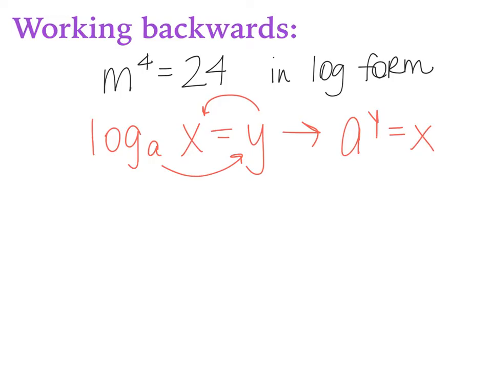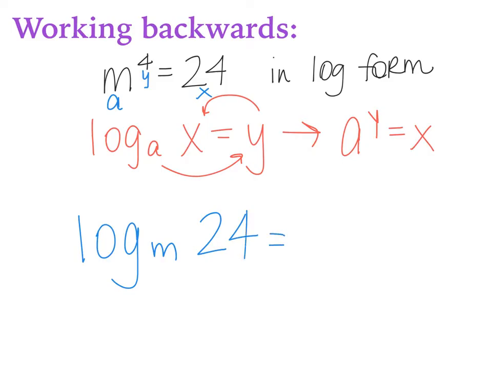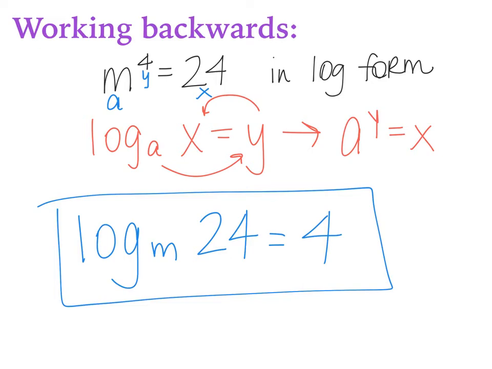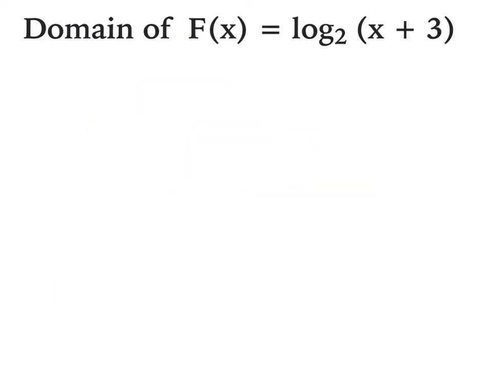This m would become my a, this 4 would become y, and 24 would become my x. So if I plug that in here, I would get log base m of 24 is going to equal my y, or 4. I can always double check that because m to the 4th is going to be equal to 24, which is what I started with.